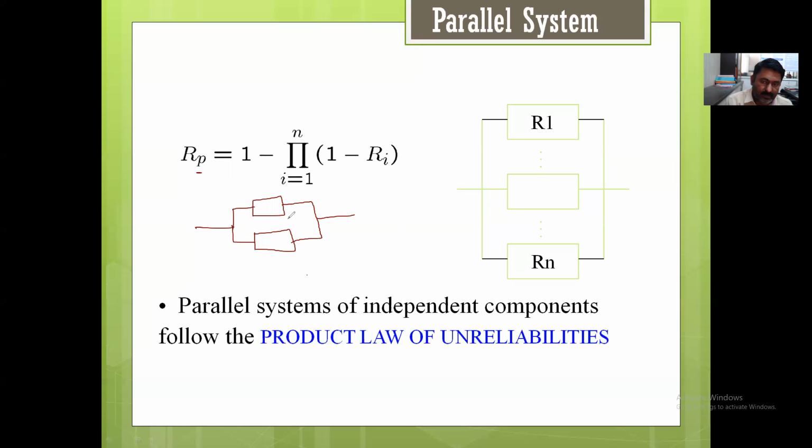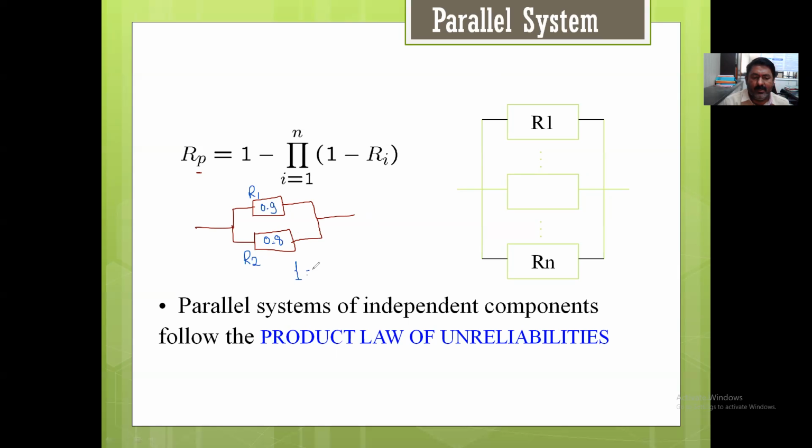So now this is my R1, this is my R2. The reliabilities are given as 0.9 and, taking another number, 0.8.